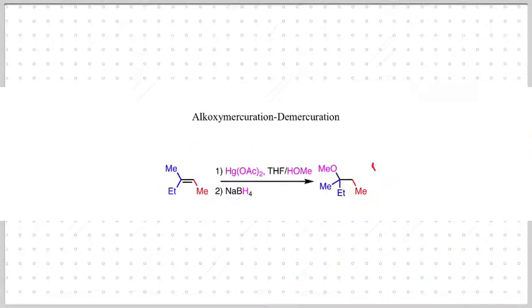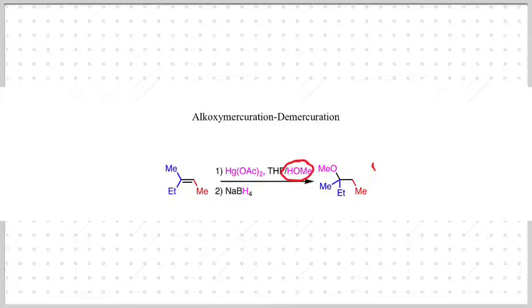The only difference between alkoxymercuration demercuration and oxymercuration demercuration of the alkene is that instead of using water as the nucleophile, here we will be using an alcohol as the nucleophile. So wherever we were adding the hydroxyl group, instead of that, we will be adding the OR part.